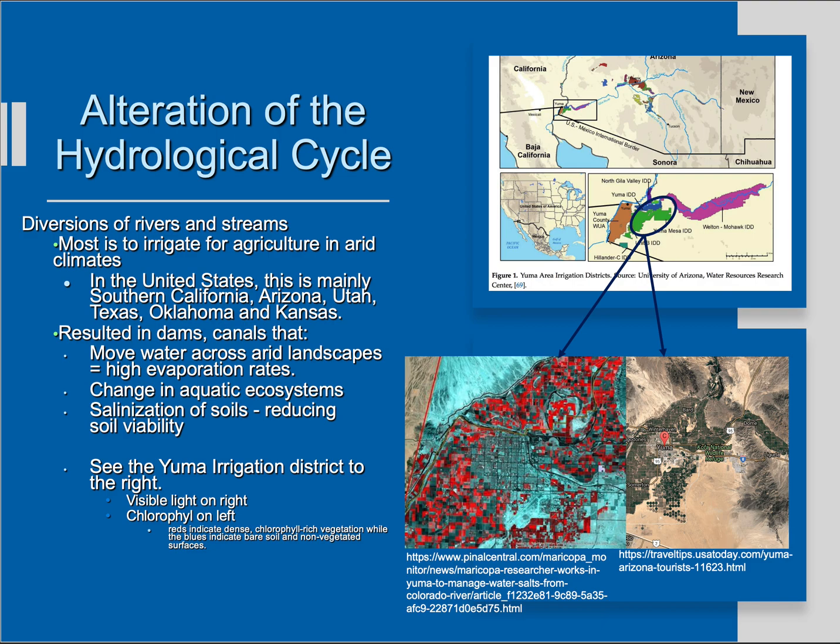The second diagram in this illustration is two satellite images of the Yuma Irrigation District, which is part of the Central Arizona Project. The cyan and red satellite image is showing the degree of which we've got healthy crop production, and that's illustrated in red.